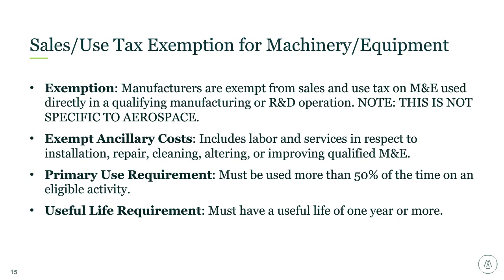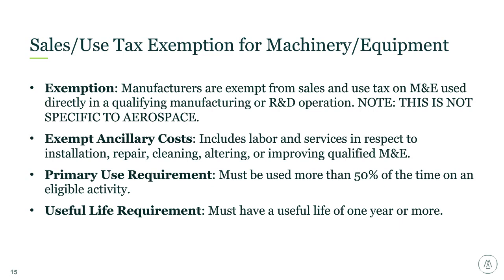But there is this broad exception for manufacturers if you're purchasing machinery and equipment that's used directly in the manufacturing process, and is used more than 50% of the time in that activity, with a useful life of more than 1 year, you can provide an exemption certificate to your vendor to avoid paying sales or use tax on that purchase. Most manufacturers that we work with, I think, do a pretty good job of capturing the M&E sales tax exemption.